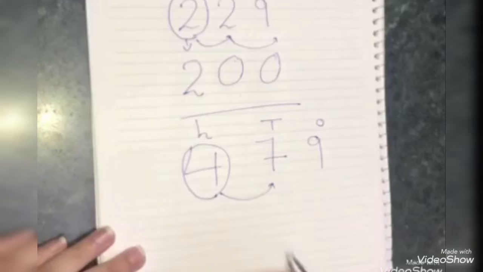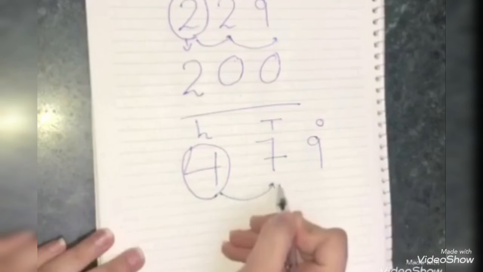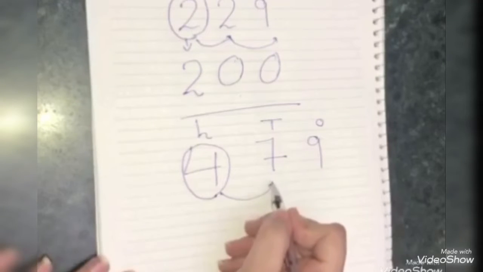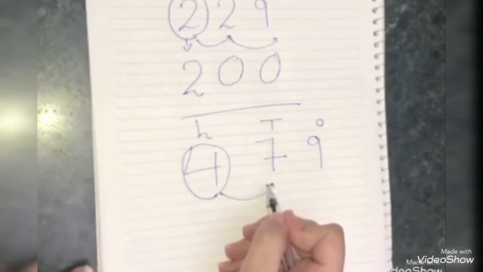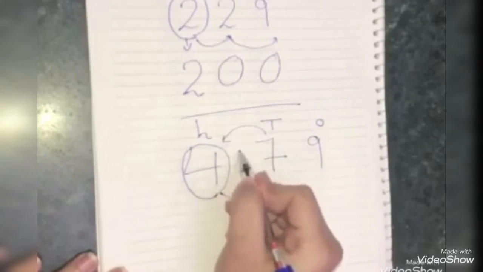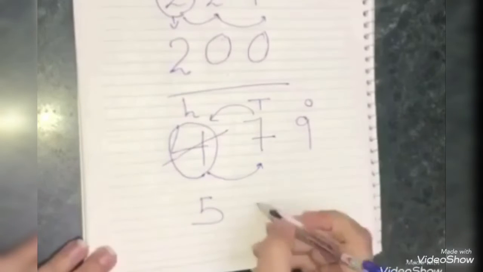So 7 is from the strong numbers. Let's say the song: circle the number, look to the next door, if it's 4 or less, just ignore. It's not 4. If it's 5 or more, we add 1 more. So we add 1 more to 4, so this 4 will be 5, and in tens and ones we just put zeros. So now we make a rounding.